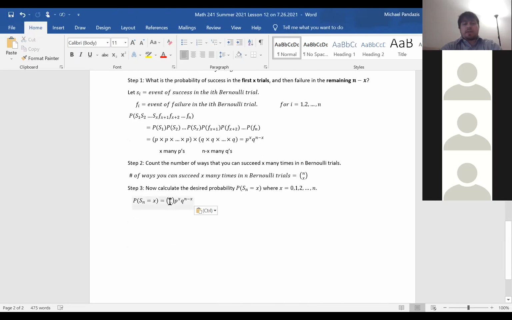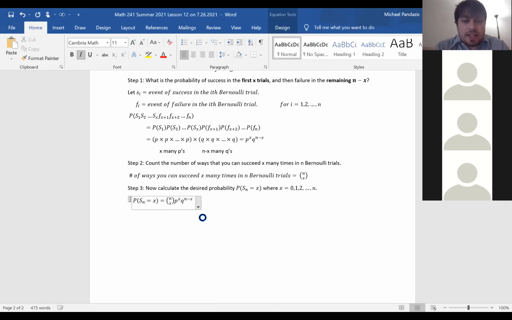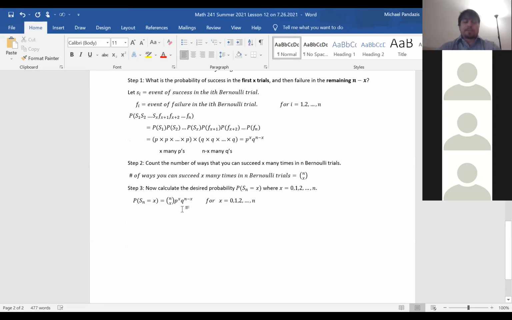So P of S sub n equals x is equal to n choose x times p to the x times q to the n minus x. And this is for x equaling 0, 1, 2, and so forth, up to including n. And so that answers the question.